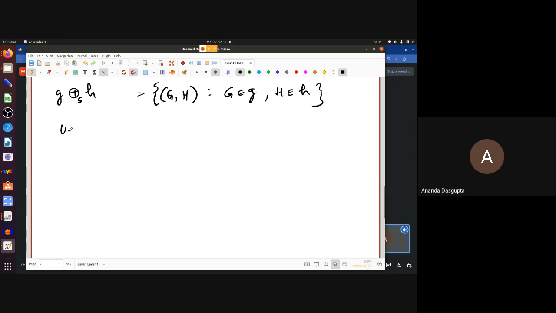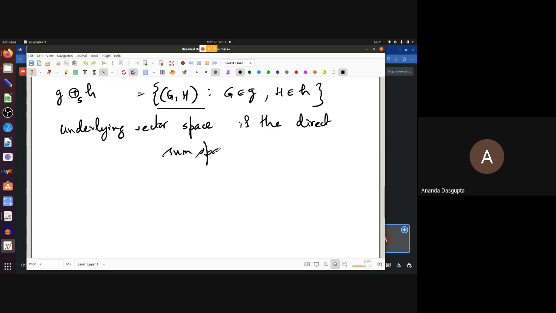The underlying vector space for G semi-direct sum H is the direct sum space. So there's no difference there. You already have these as the elements, same as in the direct sum case. And the vector space structure is also the same, exactly the same way of addition and multiplication by scalars.